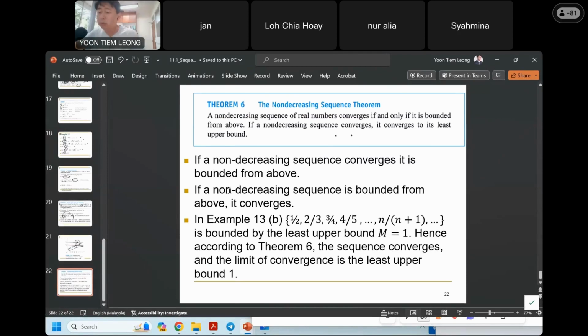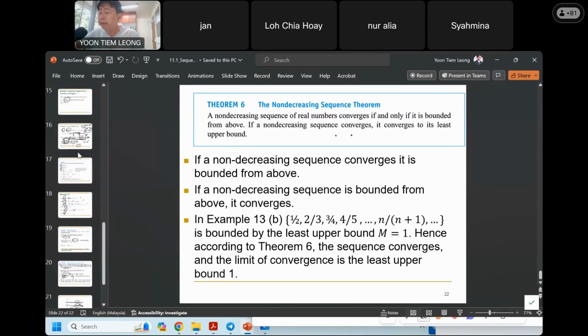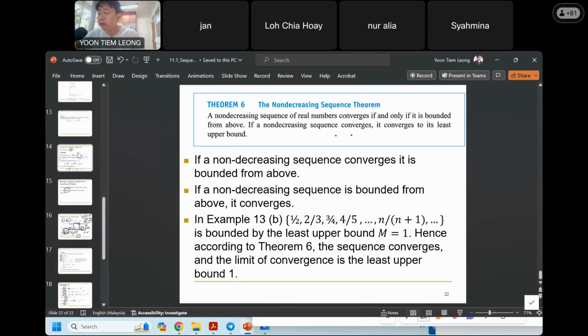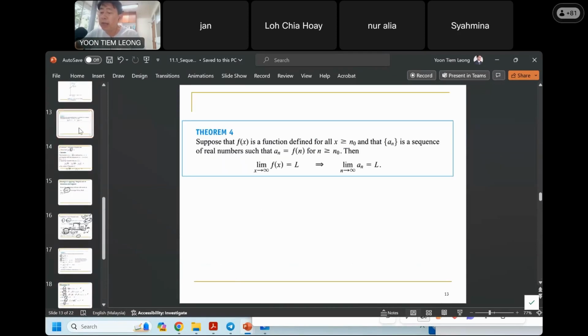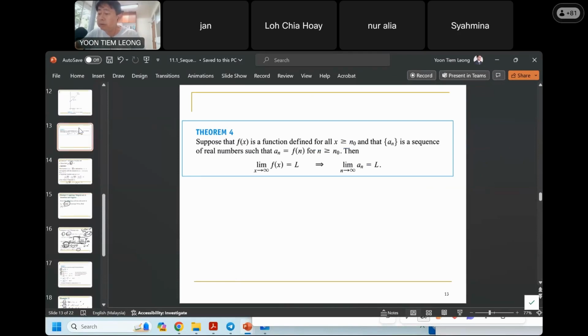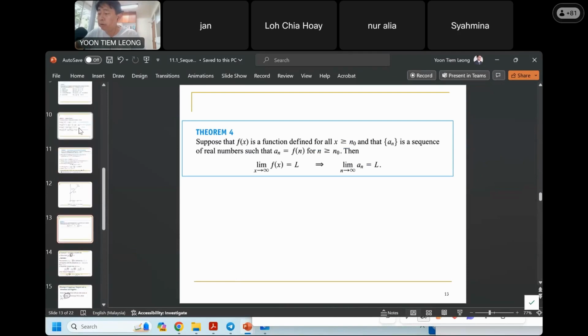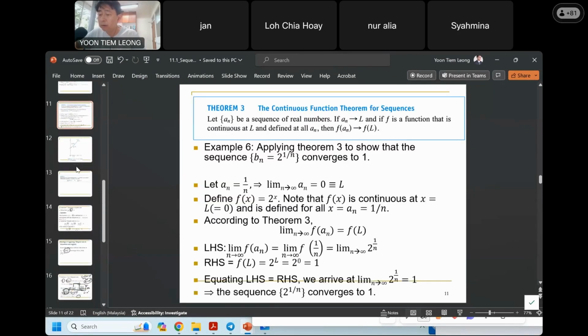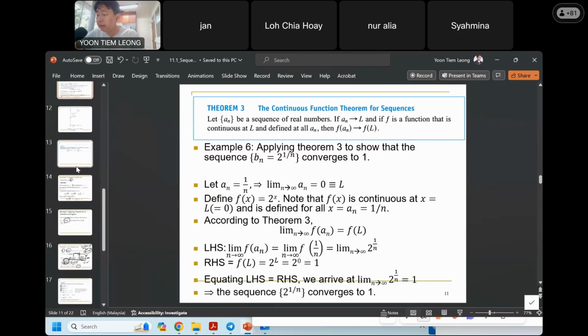As a conclusion, before I close this session, we have so far discussed the theorems that tell us how to calculate the limit of a sequence, theorem 3 and theorem 4.